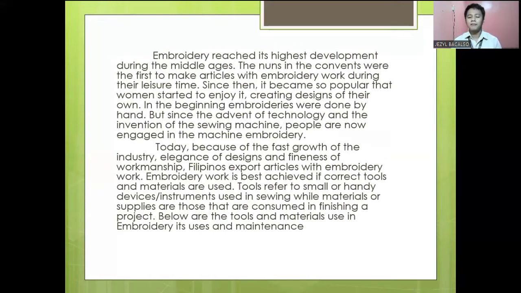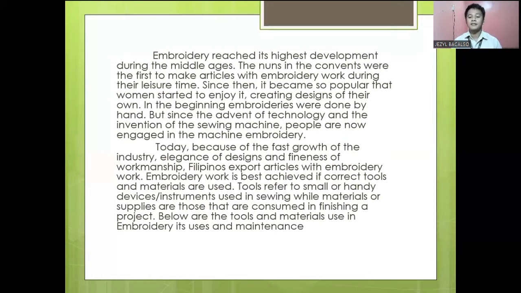In the beginning, the embroideries were done by hand. But since the advent of technology and the invention of the sewing machine, people are now engaged in machine embroidery. Today, because of the fast growing industry, elegance of designs and fineness of workmanship, Filipinos export articles with embroidery work.